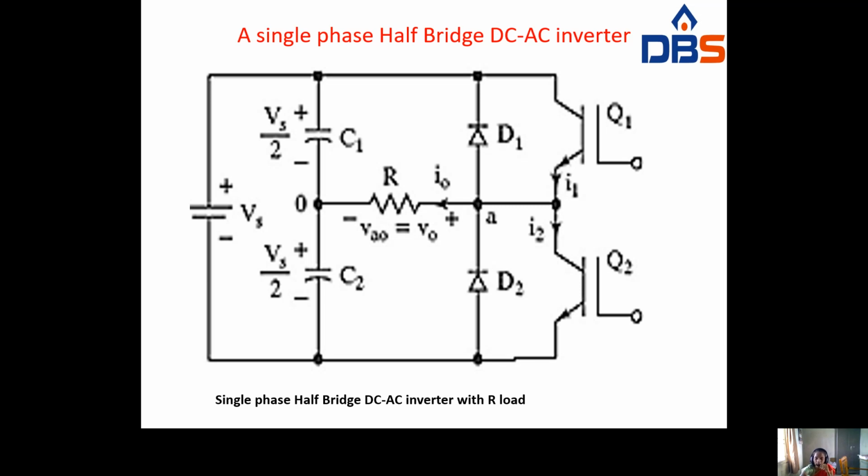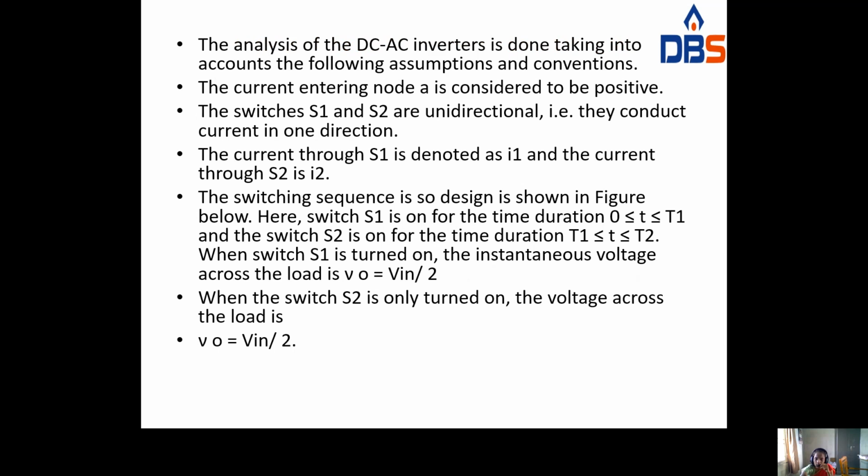Next, the analysis of the DC to AC inverter is done taking into account the following assumptions and conventions. The current entering a node is considered to be positive. The switches S1 and S2 are unidirectional, such that they conduct current in one direction. The current through S1 is denoted as I1 and the current through S2 is I2.